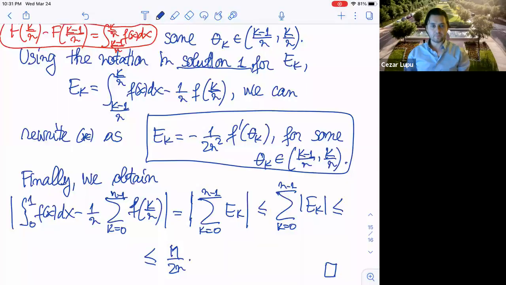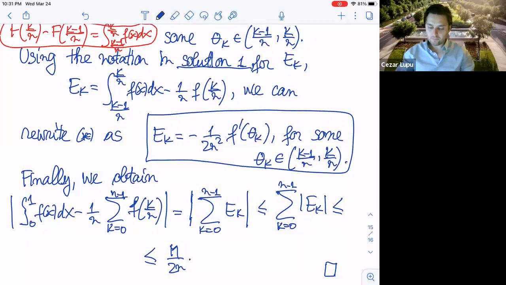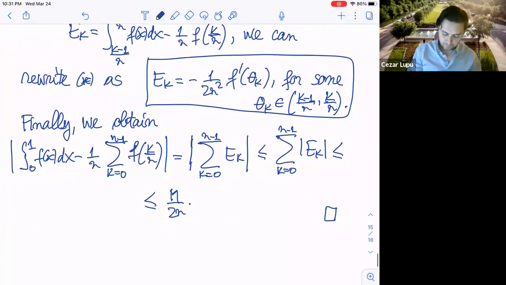All right, so now let me do another problem. Problem 3. And the problem says the following.